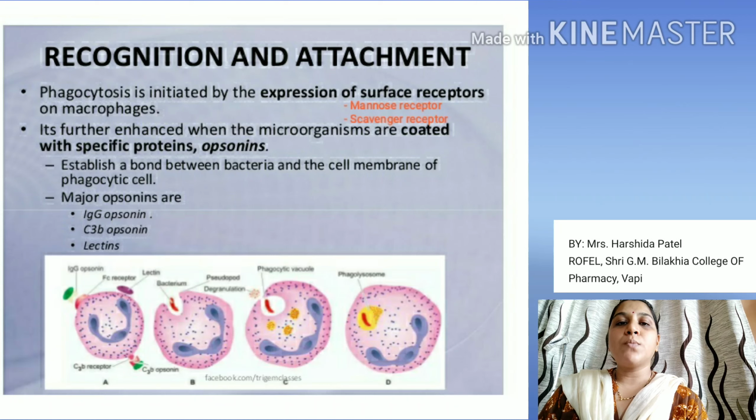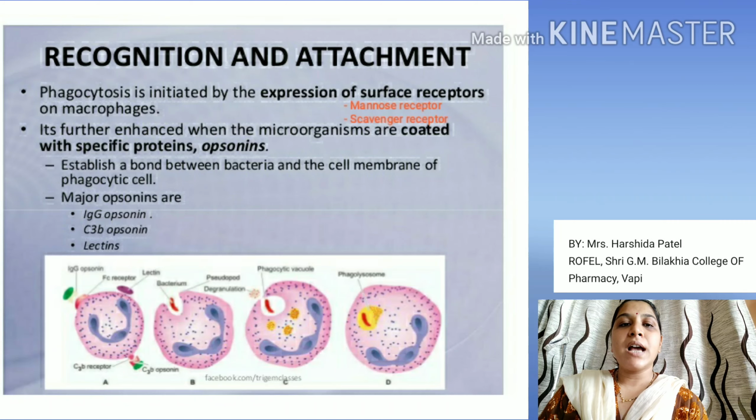With the help of opsonins, the macrophages can identify the microorganism. Then a bond is established between the bacteria and the cell membrane of the phagocytic cell, and they start attaching to each other. The major opsonins are IgG, C3b, and lectins.